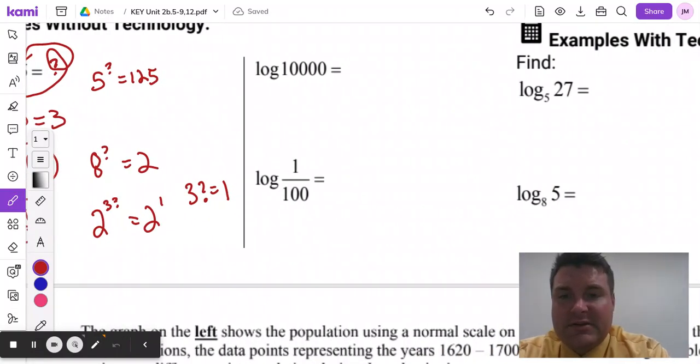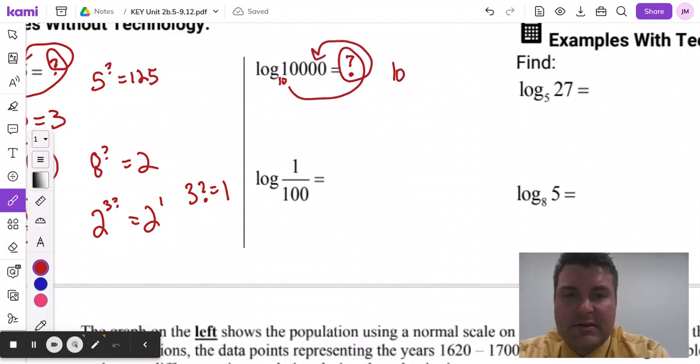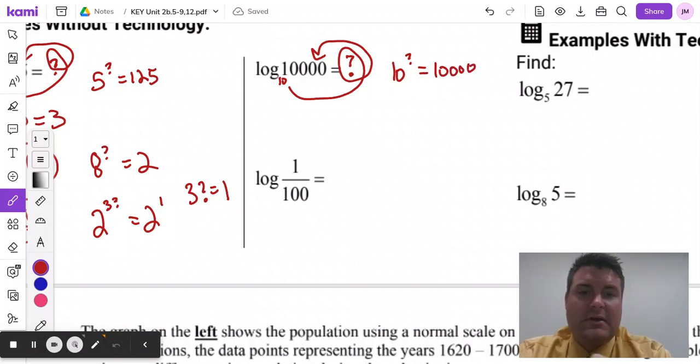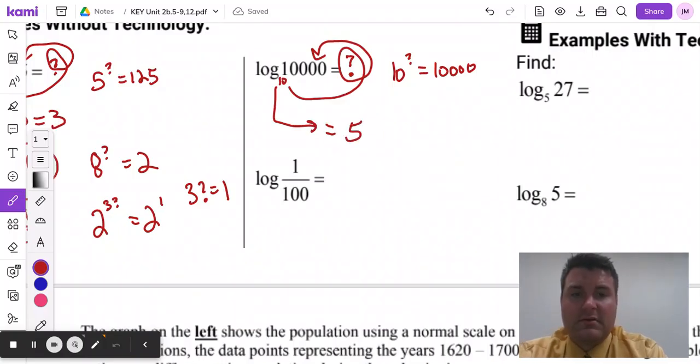Moving on here. Again, there's a base 10 right there. So 10 to the what gives you 10,000? That looks like the answer is going to be 5, because I got 5 digits. Am I right in saying 5?